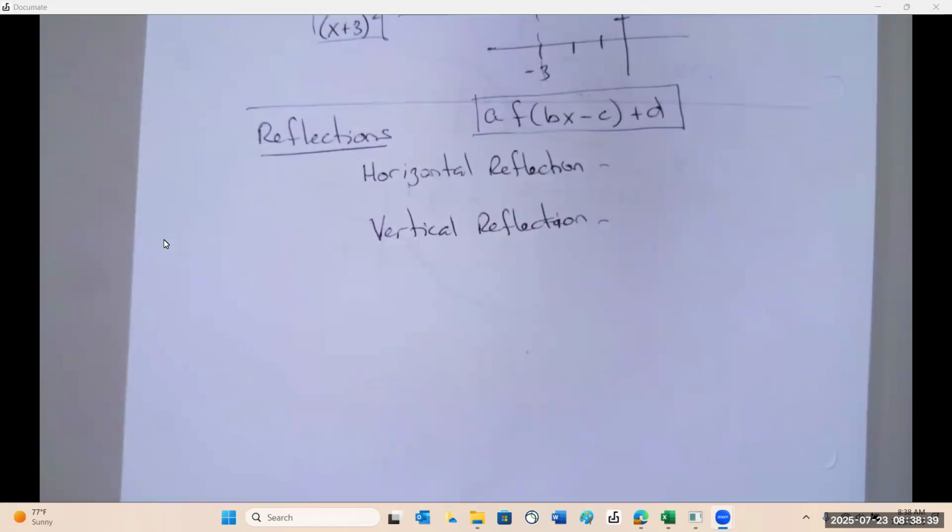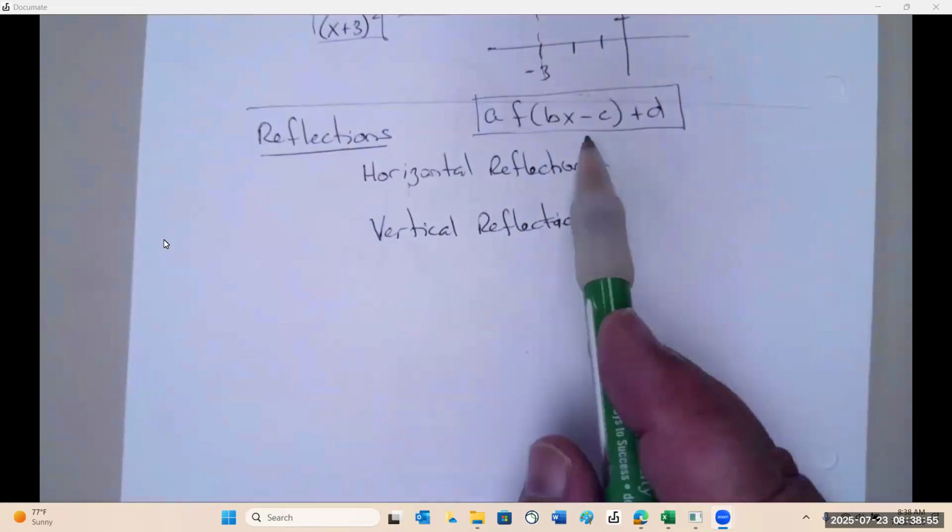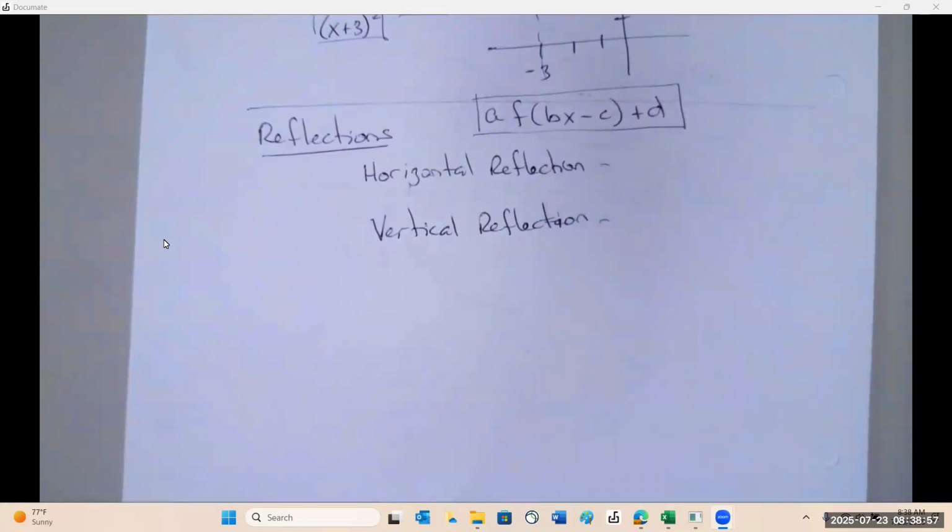Nope. We're looking for horizontal reflection, only horizontal. Where do horizontal changes occur? Inside the function. We only have two letters inside the function. Which one's going to make a reflection?